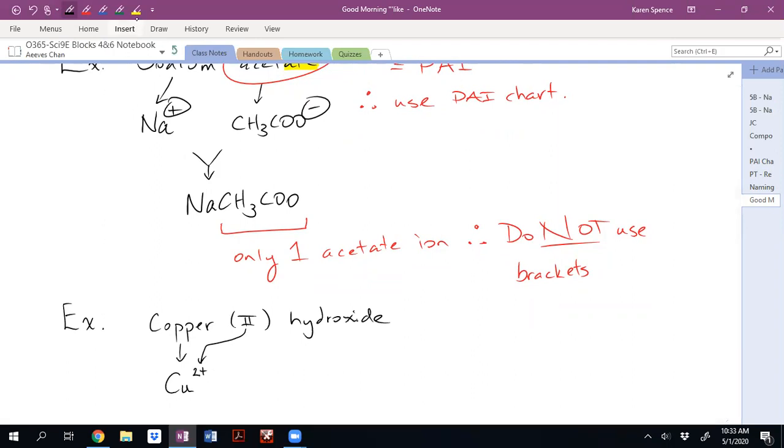Now, hydroxide, I look at that "ide" and I think, oh, very often "ide" means that it's monatomic. However, this is one of the exceptions to "ide" being monatomic. So it's an exception to the monatomic "ides."